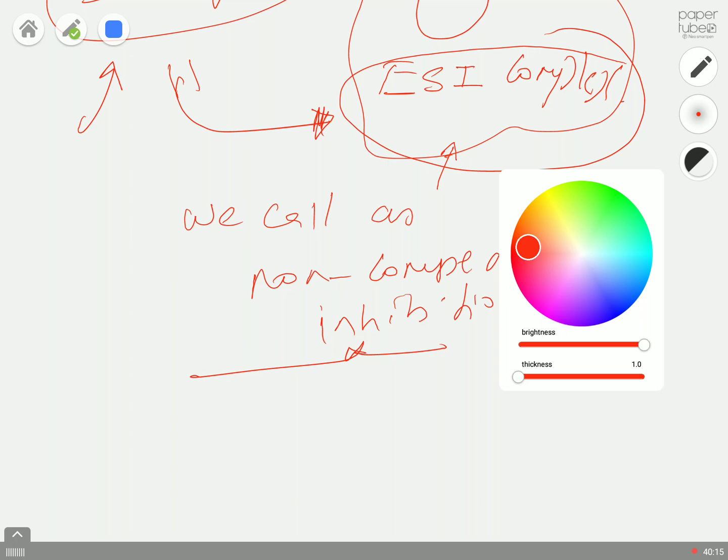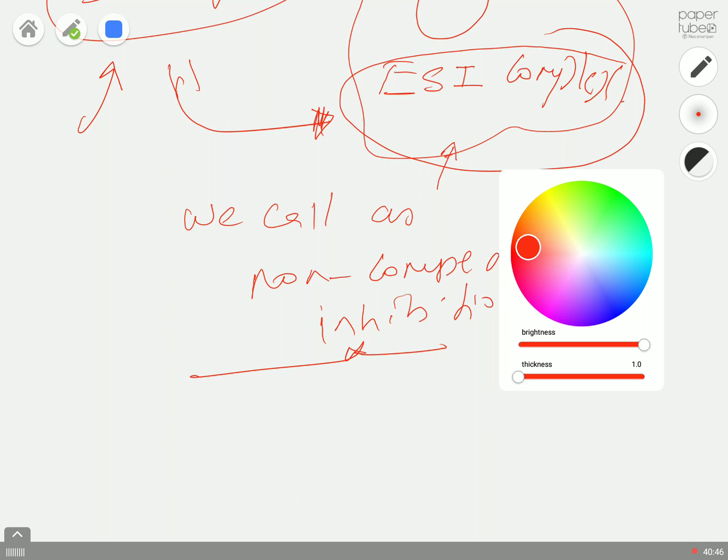Your inhibitor can act on an enzyme and stop its activity in more than one possible way, in many ways. In this lecture, we are covering these three different types, or three different routes. One is competitive inhibition, another is uncompetitive inhibition, another is non-competitive inhibition.